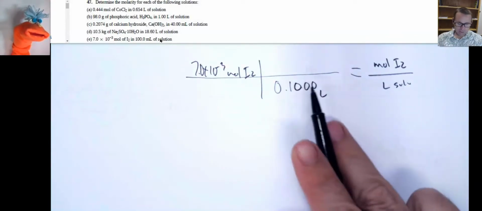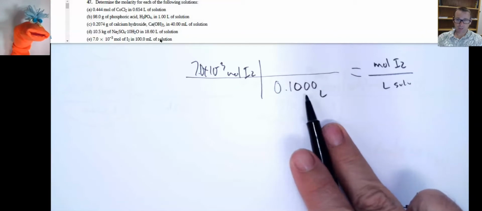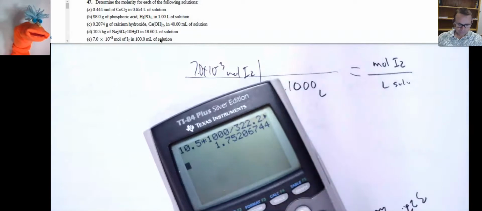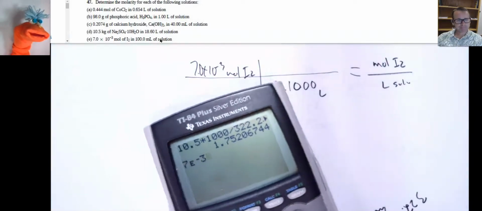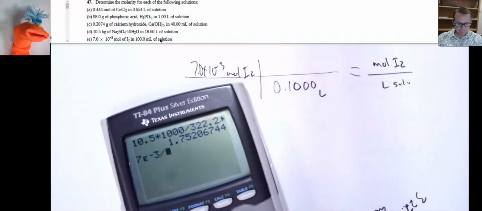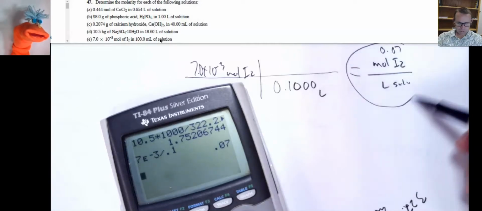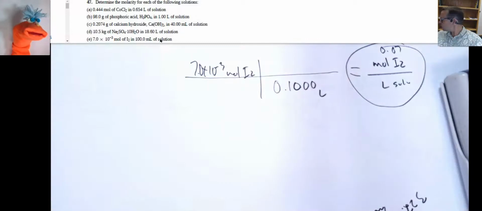What I did is I did the milliliters to liters in my head. 100 milliliters is 0.1 liters. So 7 times 10 to the minus 3 divided by 0.1. So it's 0.07 molar solution.